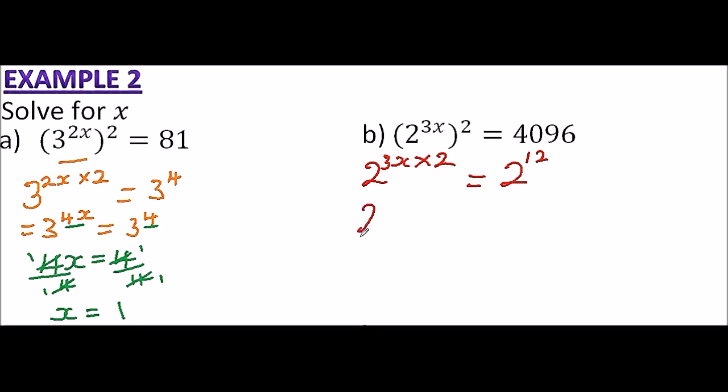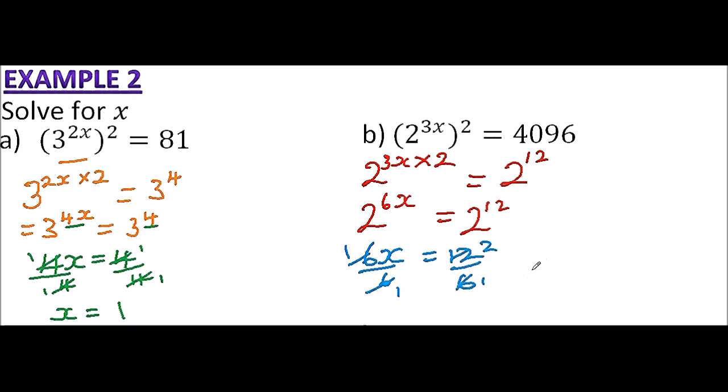Now when you multiply, you get 2 to power 6x is equal to 2 to power 12. Now that we have a common base, which is 2, we can equate the indices and say 6x is the same as 12. Divide both sides by 6. 6 divided by 6 is 1. 12 divided by 6 is 2. So we have our x is equal to 2.